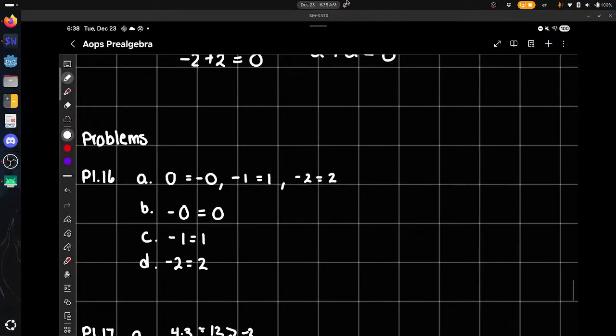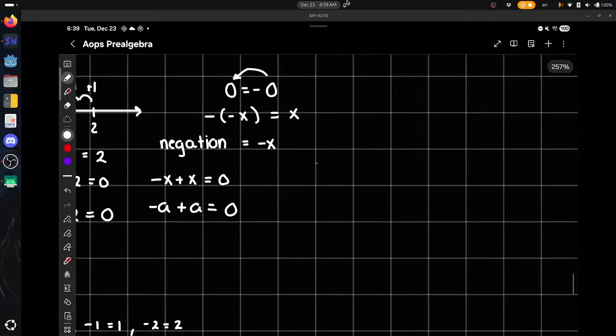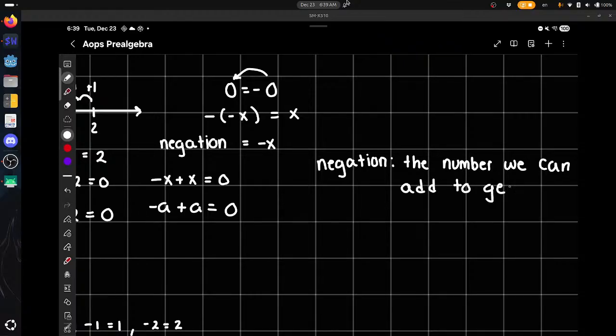Okay, so let's review problem 16. Okay, B. So negation should be defined as the number we can add to get 0.